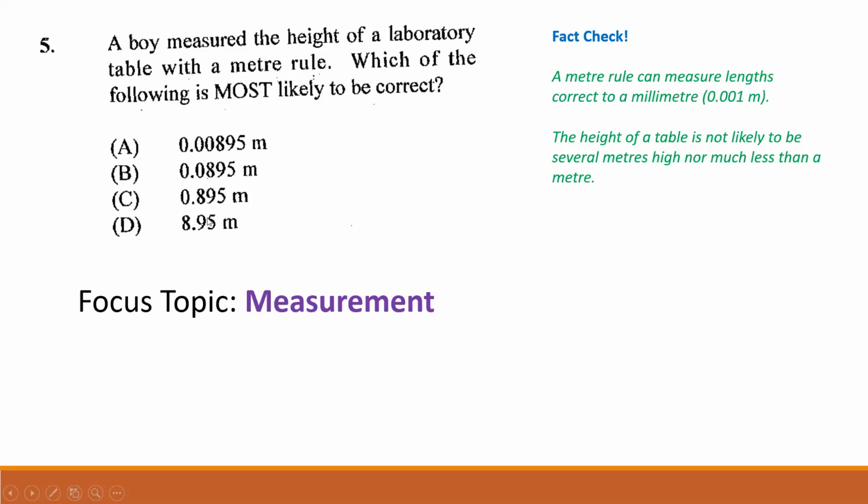And therefore, we can rule out the first answer A, also the second answer B. We're left with C and D, and we know that 8.95 would be very tall for a table. So logically, your answer should be 0.895 meters. C.